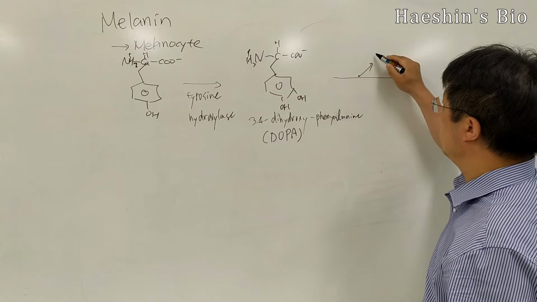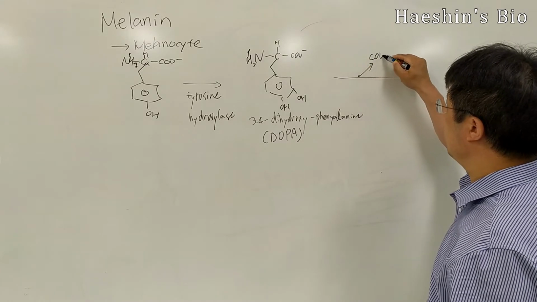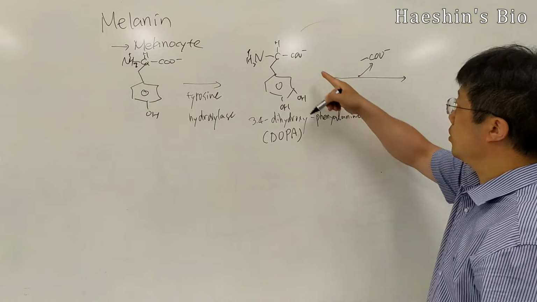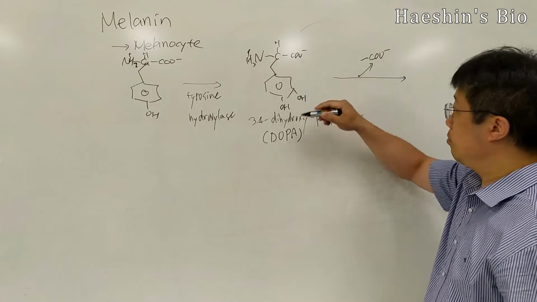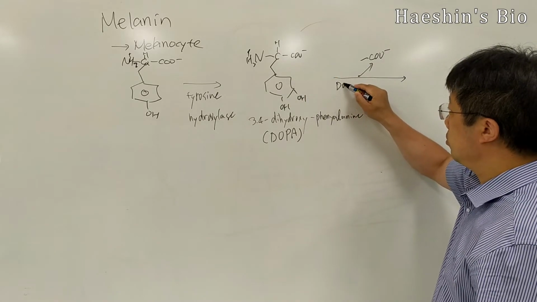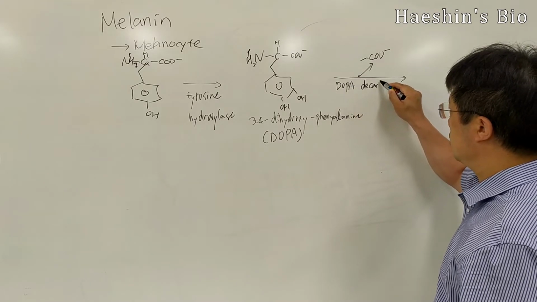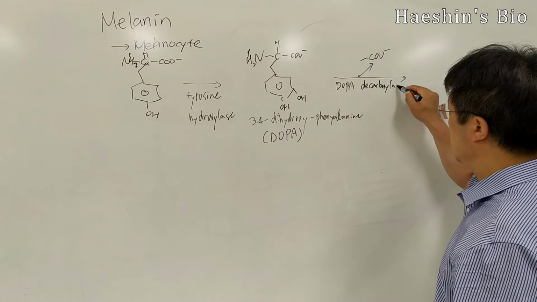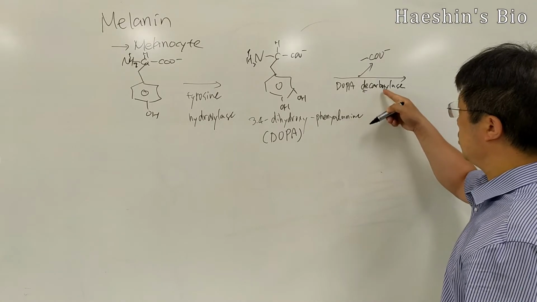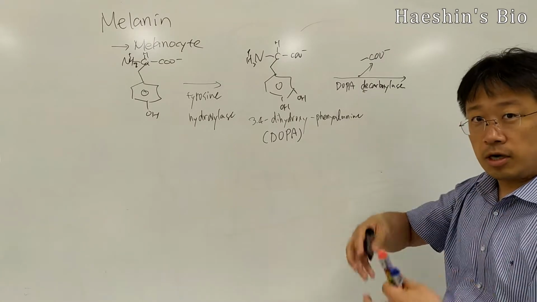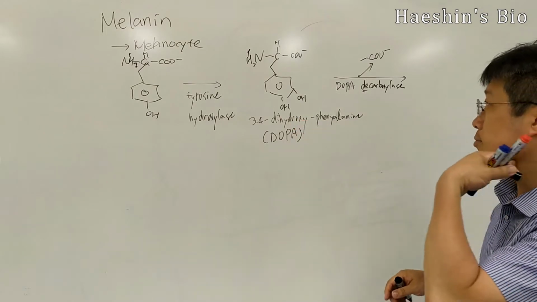out of this carboxyl group. This carboxyl group comes out by DOPA decarboxylase. So the carboxylate group comes out. This is the enzyme for that.